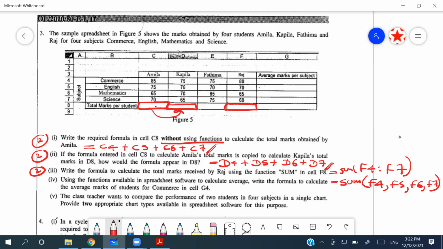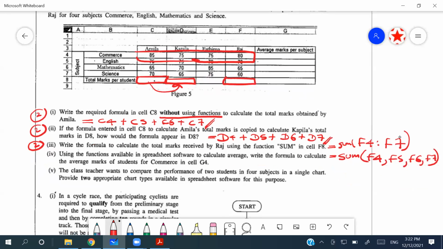Okay, so they're asking to calculate the average marks of students for commerce. So commerce is right over here. So how are we going to take it?